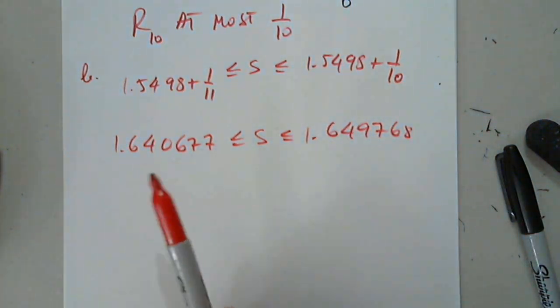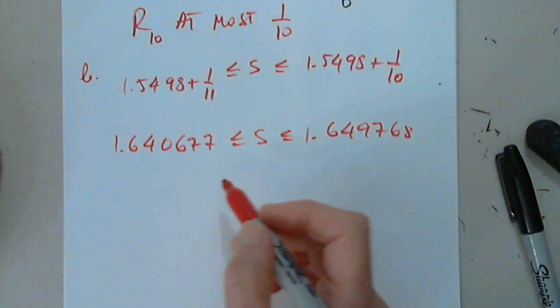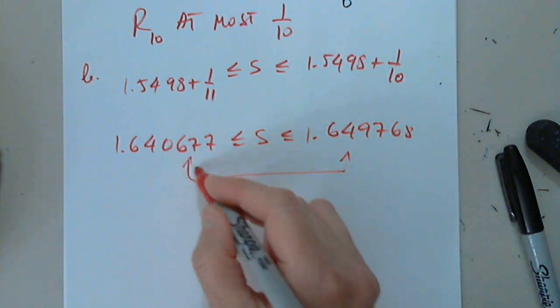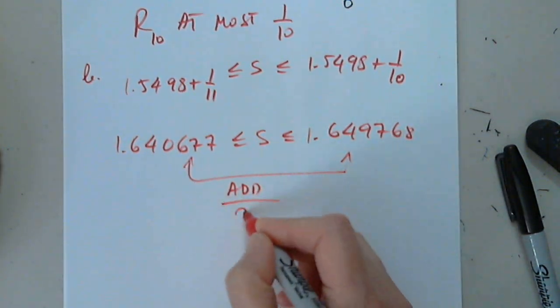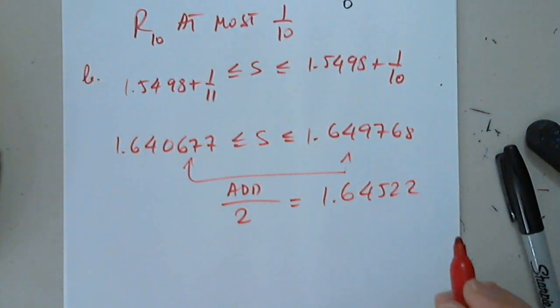Now, when we average these two, add them up and divide by 2, I got 1.64522.